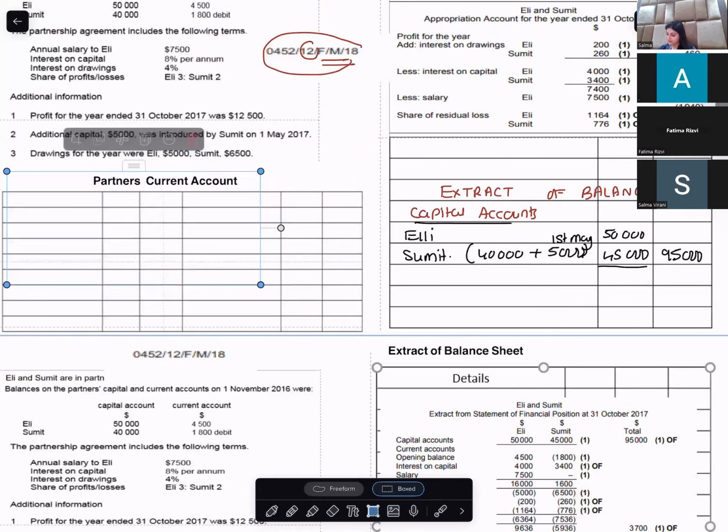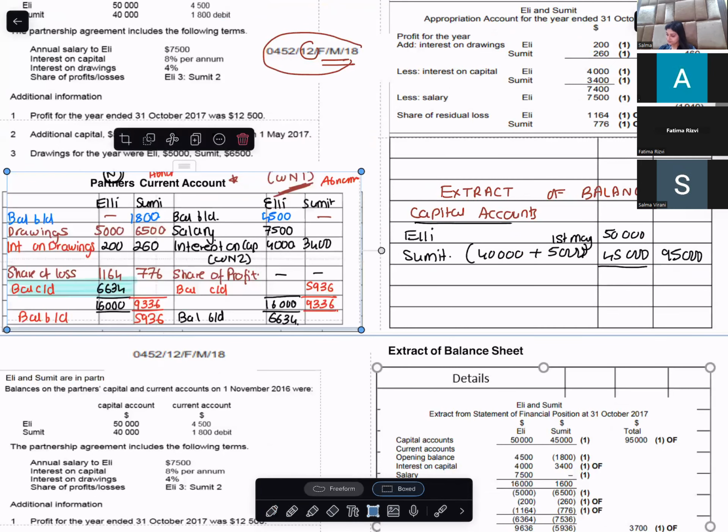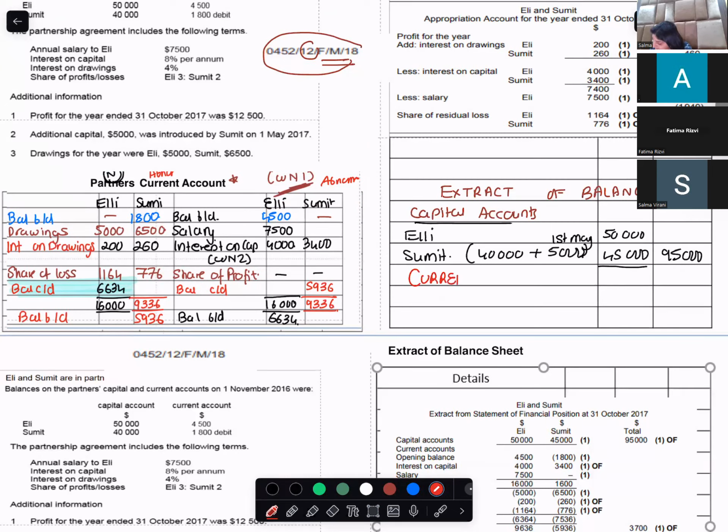So we are on the extract of the balance sheet. We have written the capital account. Now we'll write the current account. This was our working note 1.